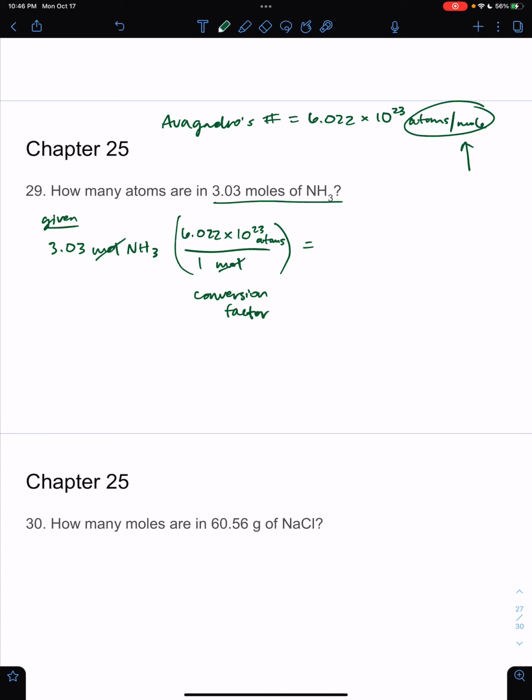So moles is being canceled. We're just going to multiply that number. Let me get a calculator. That comes out to be 1.82 times 10 to the 24th atoms.